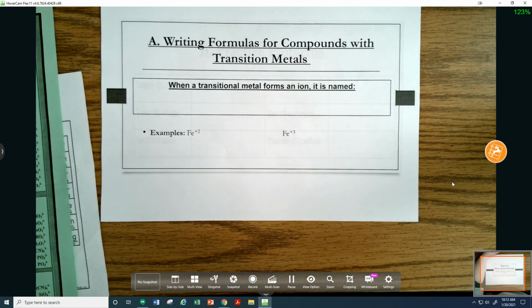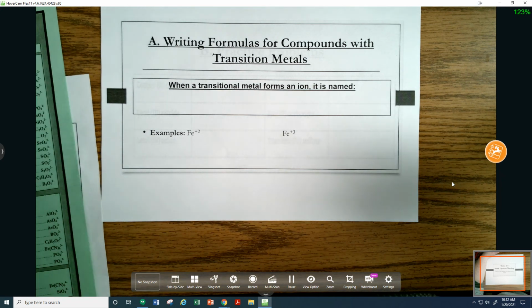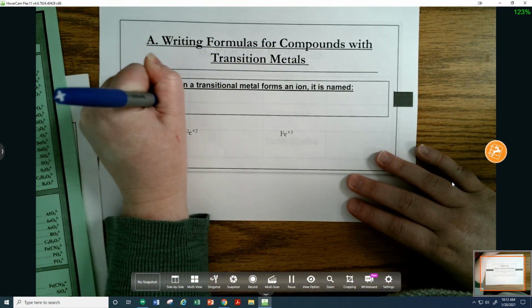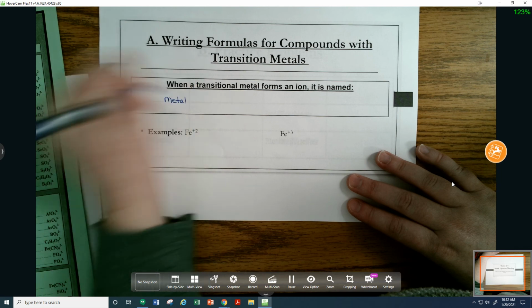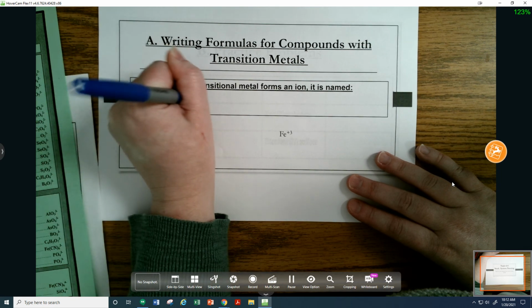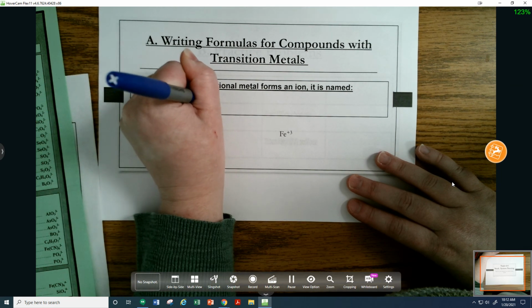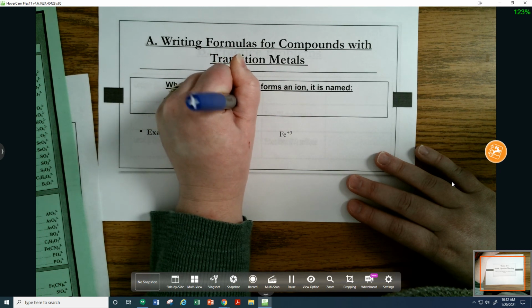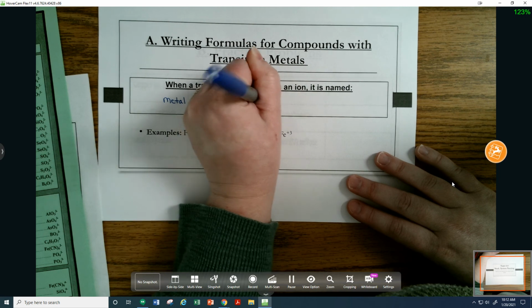So when we name transition metals, we have to include a Roman numeral to indicate the charge. So when we go to name a metal, we name the metal, and then in parentheses, a Roman numeral with the charge.